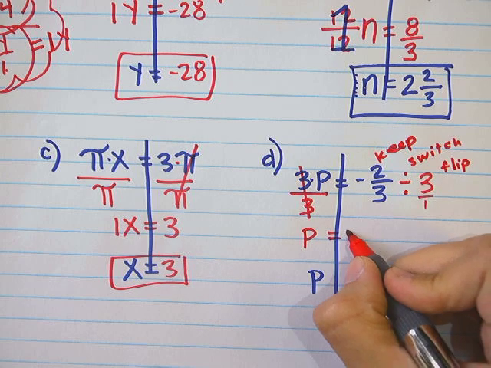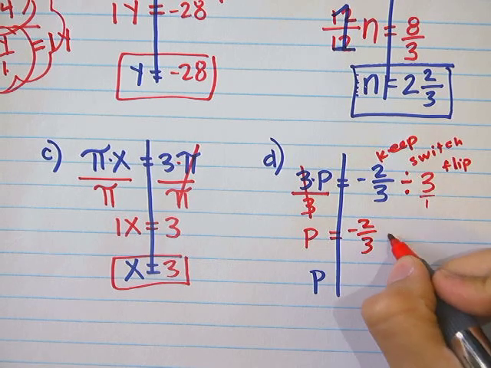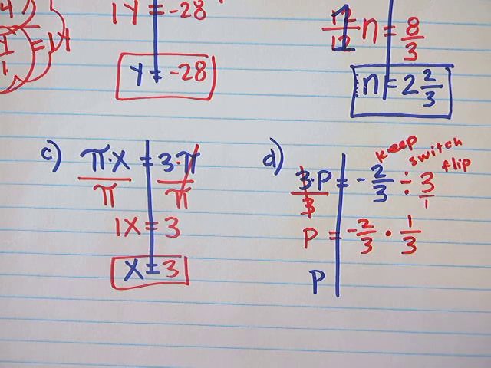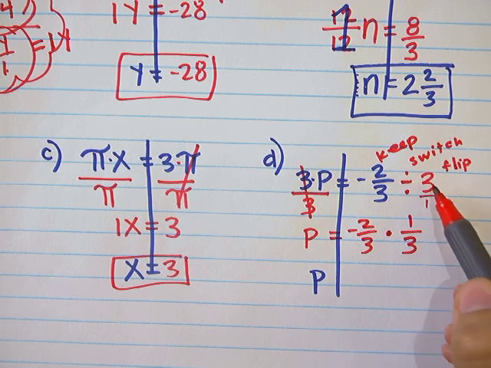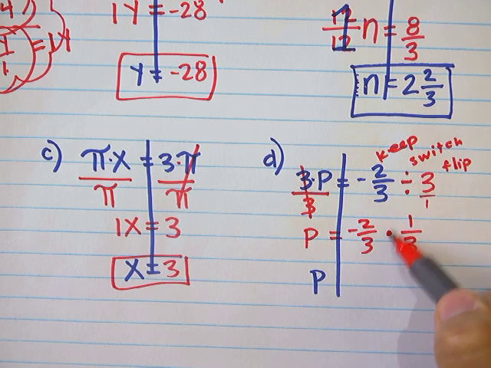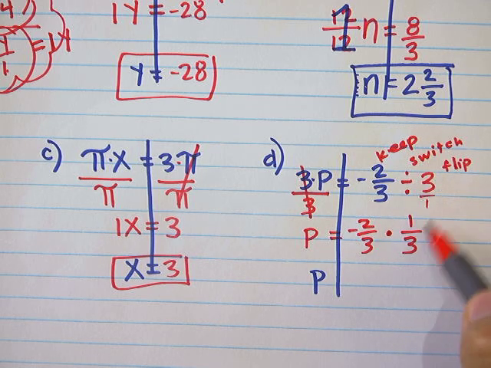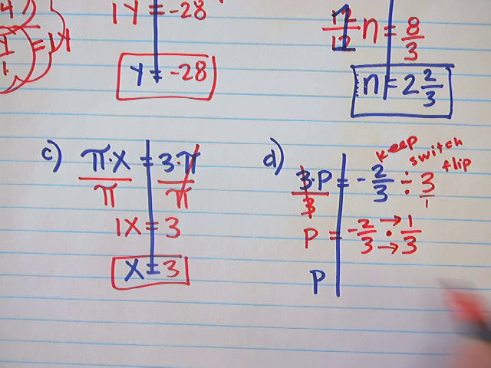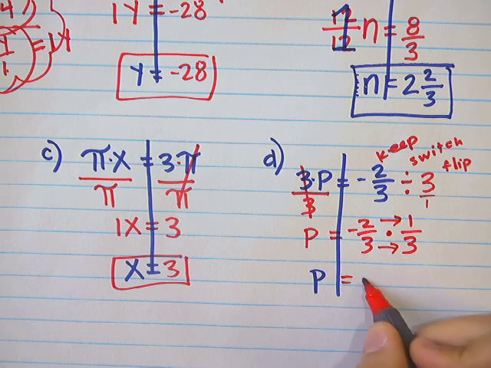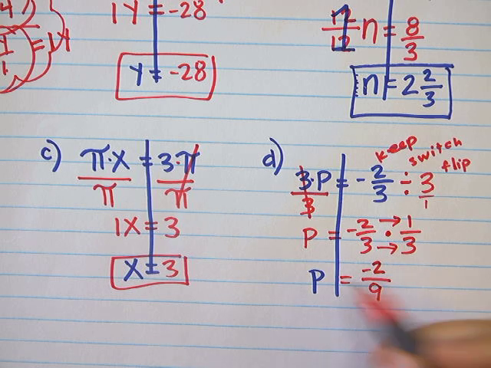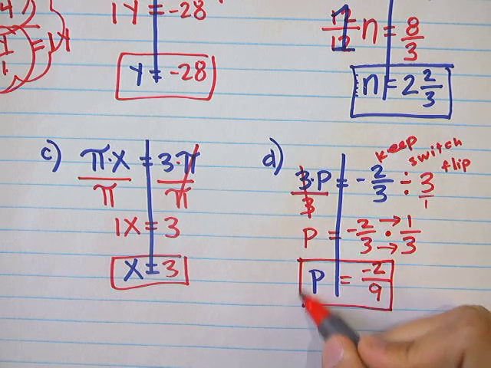So you keep this one the same, switch to multiplication, and you flip it to 1/3. So technically, when you're dividing by a second fraction, you are really multiplying by the reciprocal, which is the flipped version of the fraction. So now we're going to multiply straight across. That's the rules of fractions. 3 times 3 is 9, and negative 2 times 1 is negative 2. So your answer is negative 2 over 9.